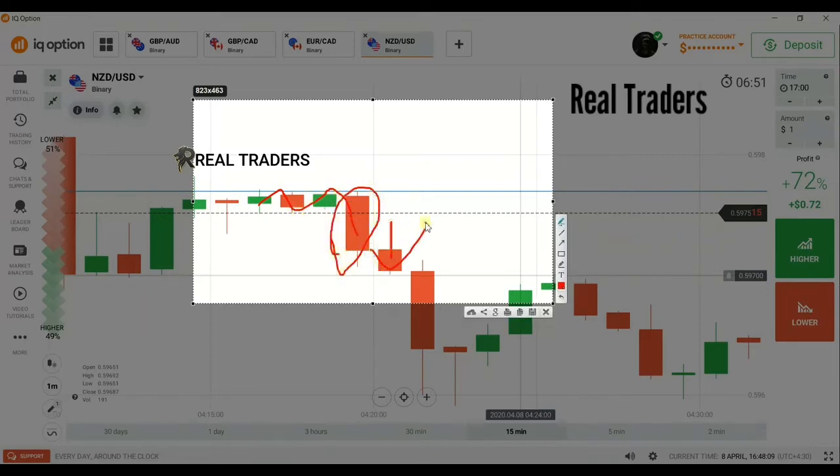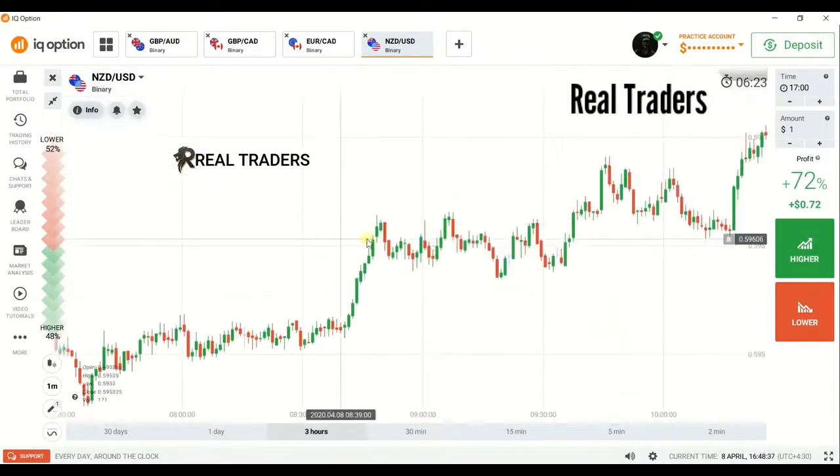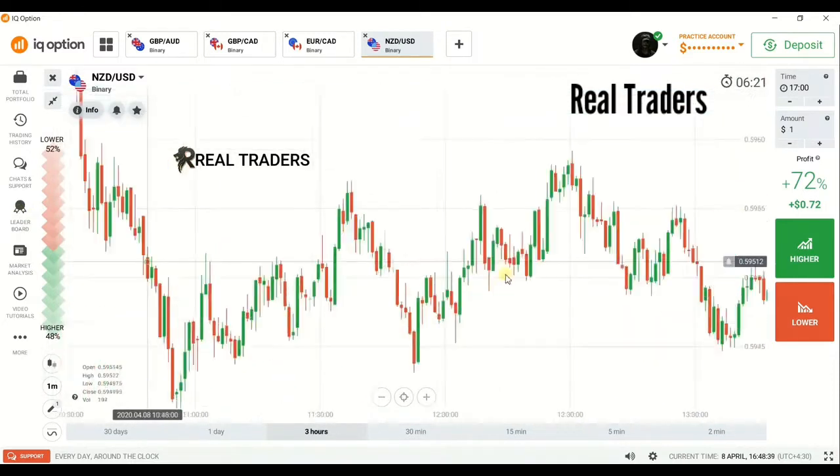So the next candle will go down because this is the double top pattern, or M pattern, and the double bottom pattern, or W pattern. So these are good patterns. You can use these patterns in this market.